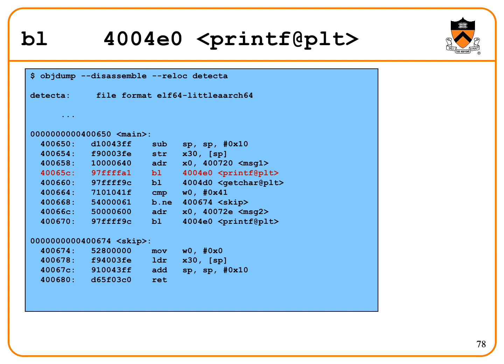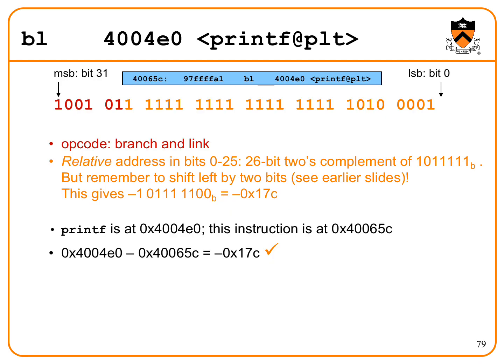Similarly for BL, the assembly for the instruction lists an actual location in the new combined text section. When we look at the bits, we see a gigantic set of leading ones in the relative address. But since this is 2's complement, so this is just a negative number, it's the negative of 1011111.